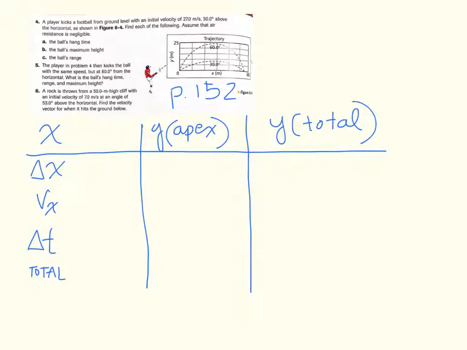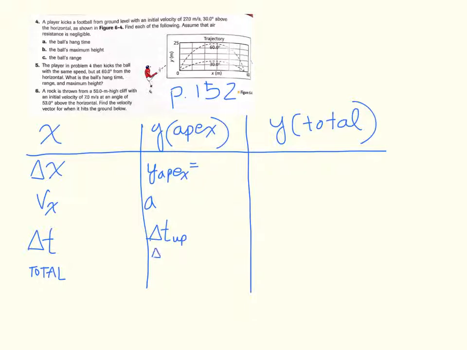Now for y apex, that means that we're talking about the change in y up to the apex. So that's going to be the max height. Then we have acceleration still. We have our change in time, and then this is just the time up. So this is just up to the apex.